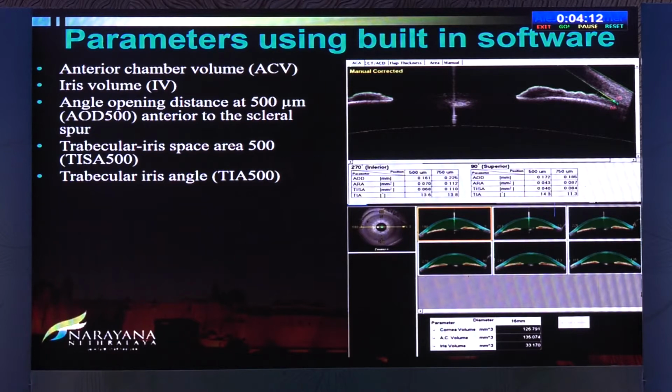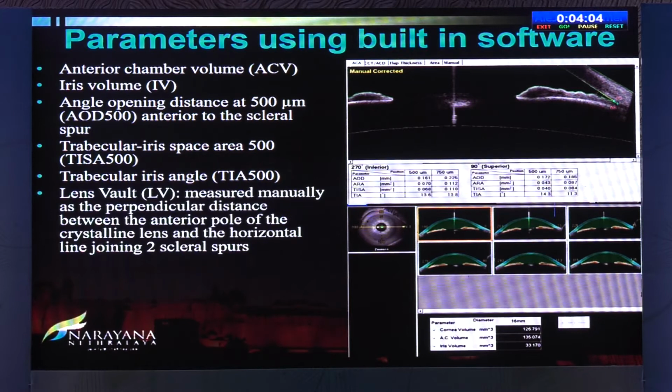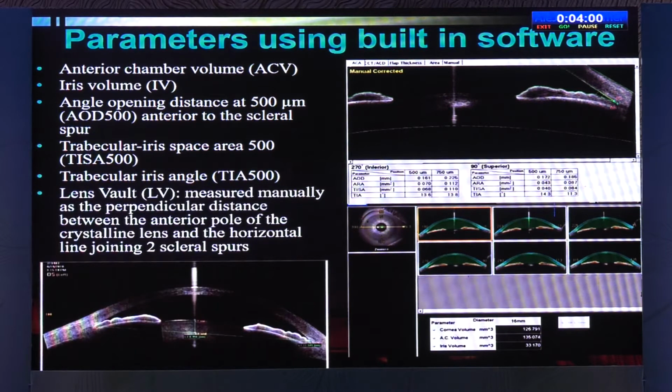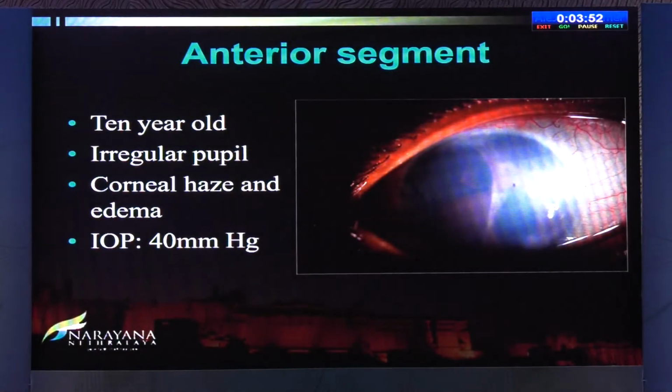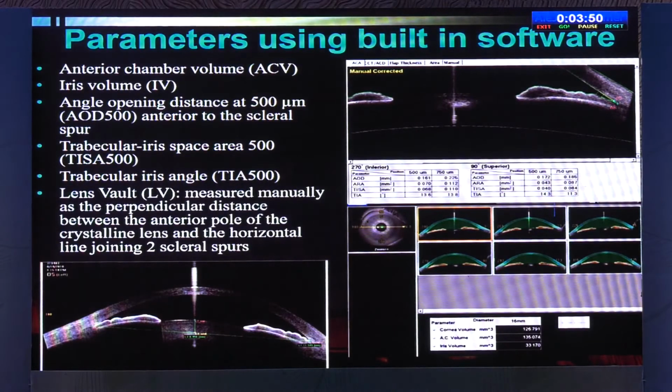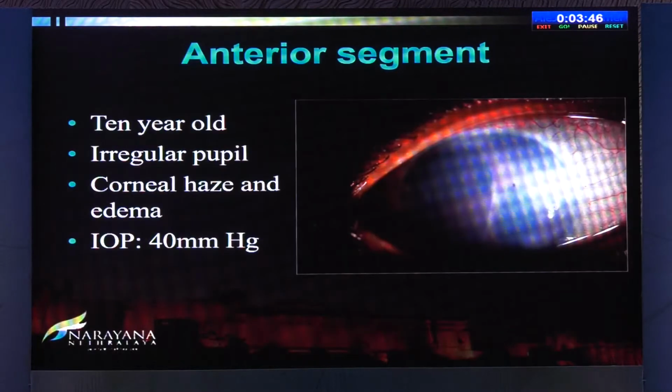So you can look at the type of angle closure glaucoma, which non-pupillary block elements are responsible in a given patient. Even the lens vault can be measured. However, for that you have to draw a line joining the two scleral spurs and take a perpendicular from the lens anterior surface to give you the idea about how the lens vault is. So that can give you the other factors involved in the angle closure.